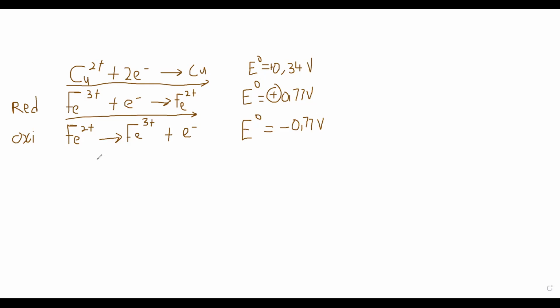Yeah, so after that, we're gonna calculate our cell potential, where E cell is gonna be equal to the cathode minus the anode. Let's erase this.